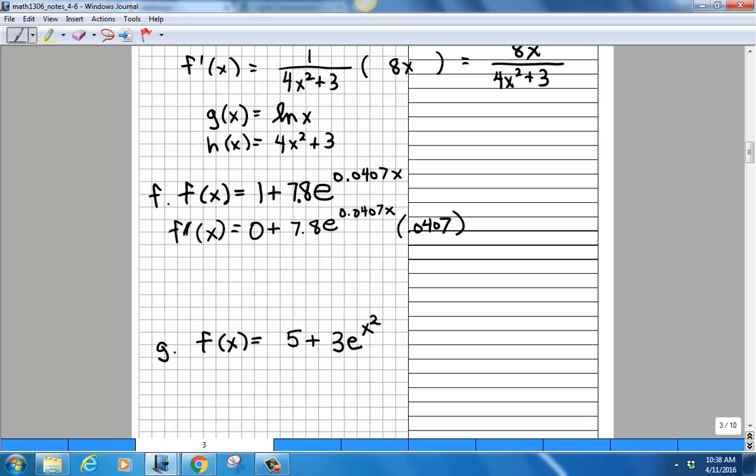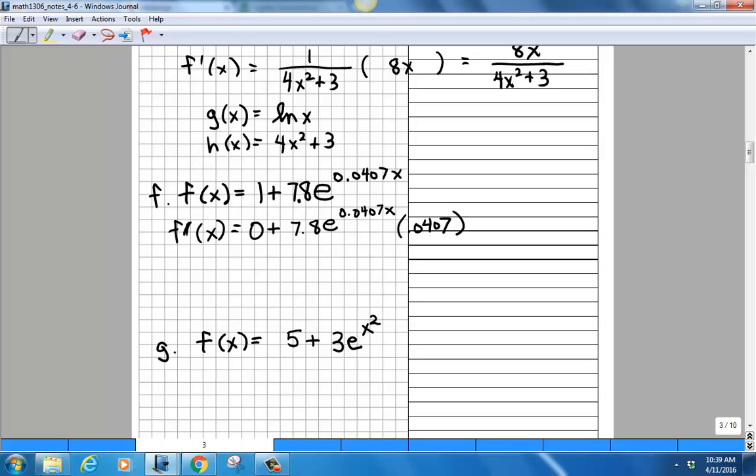If that were just e to the x power, the rate of change of x would just be 1. So when you multiply by 1, we wouldn't really notice that. But here we are going to notice something, because the rate of change of 0.0407x is something different than 1. It's 0.0407. So that does have an effect on the ultimate result.